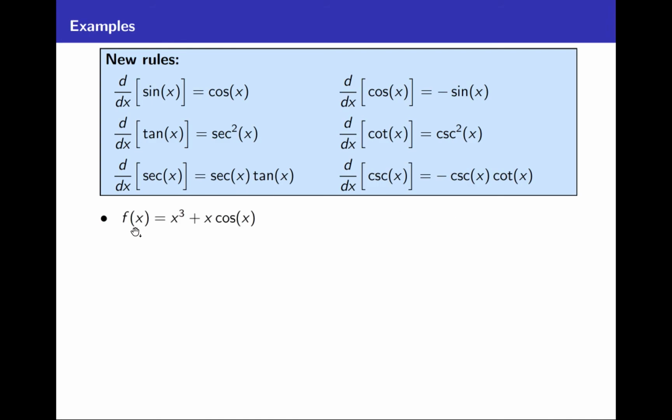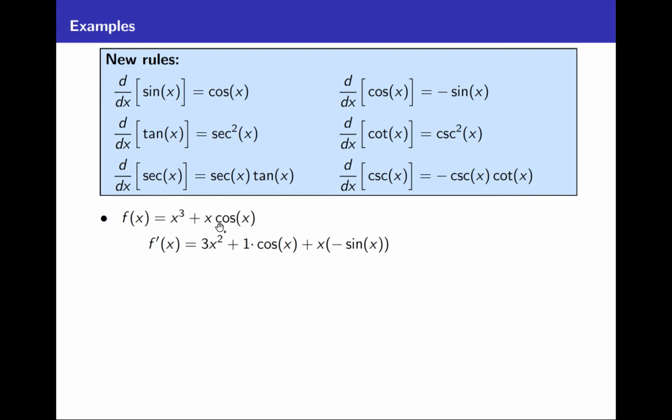For our first example, think of f of x equals x cubed plus x cosine x. So that's a function. And imagine finding its derivative. Well, we differentiate the x cubed to get 3x squared, and then we'd have to take the derivative of x cosine x. And there we'd have to use the product rule, the derivative of a product, x times cosine x.